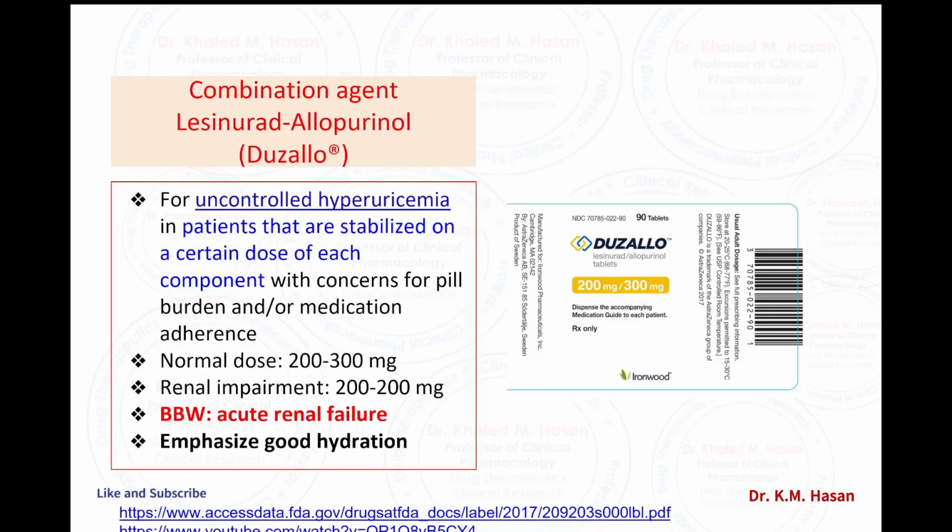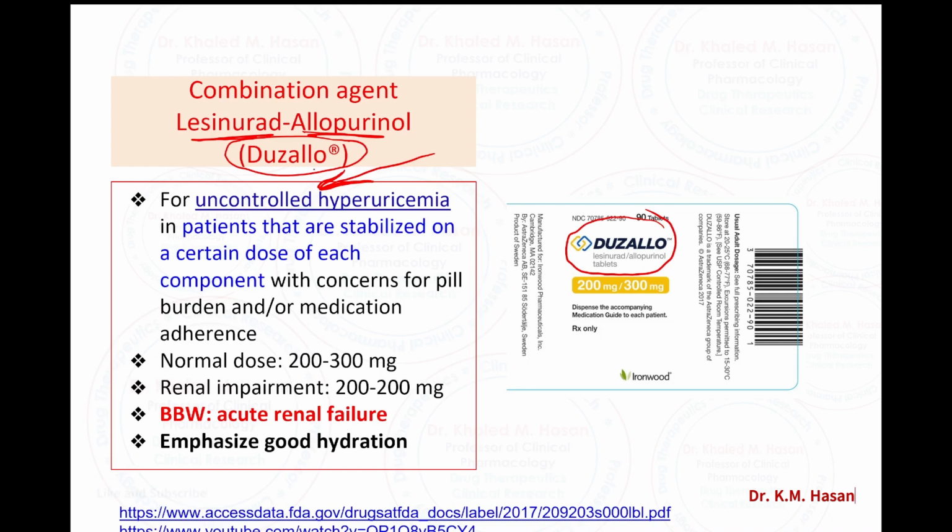As you can see here, Duzallo combines allopurinol and lesinurad. This is a combination treatment for uncontrolled hyperuricemia. If the patient is on one treatment, for example allopurinol, without enough control, we can move to this combination, Duzallo.